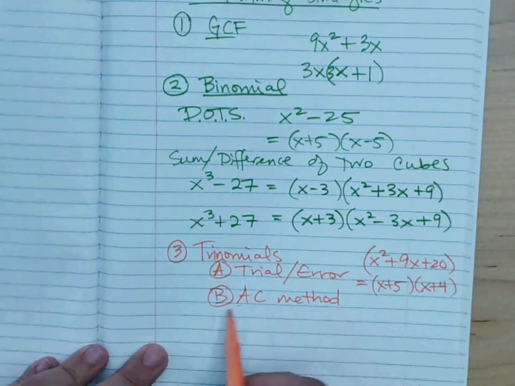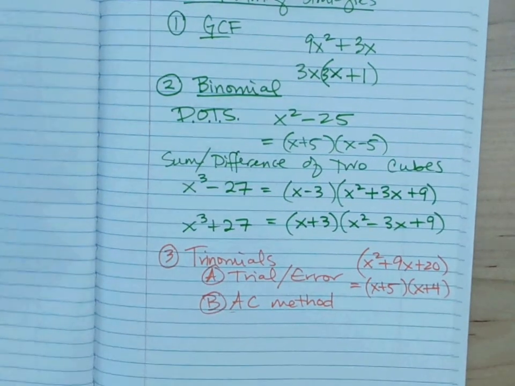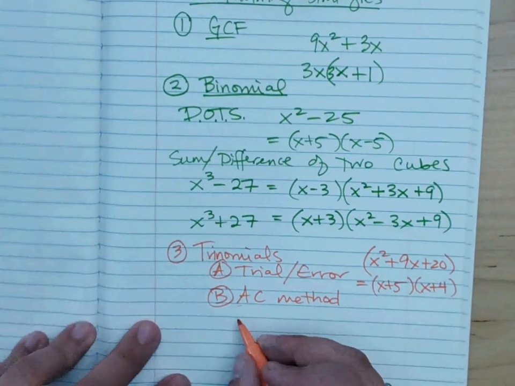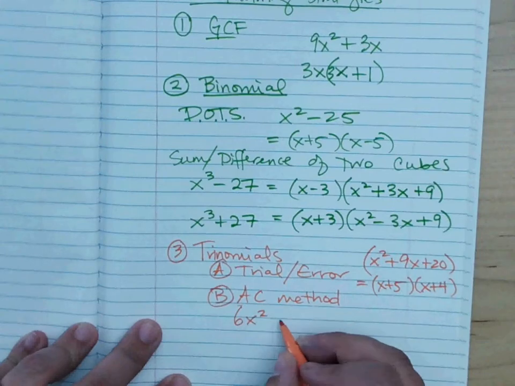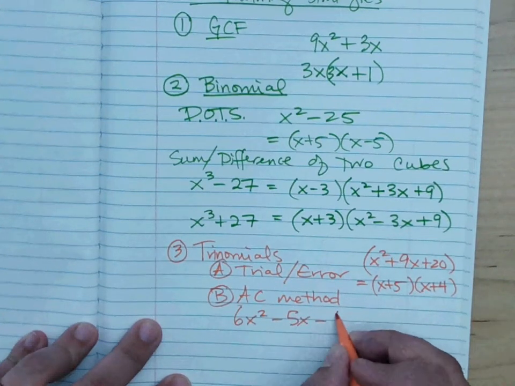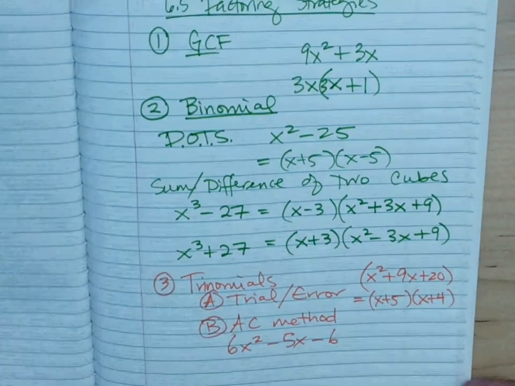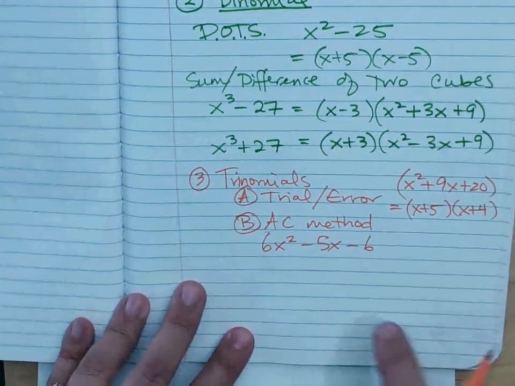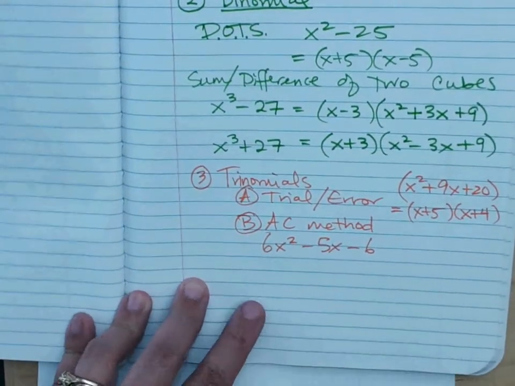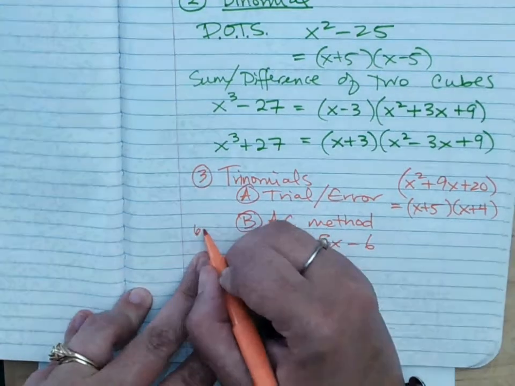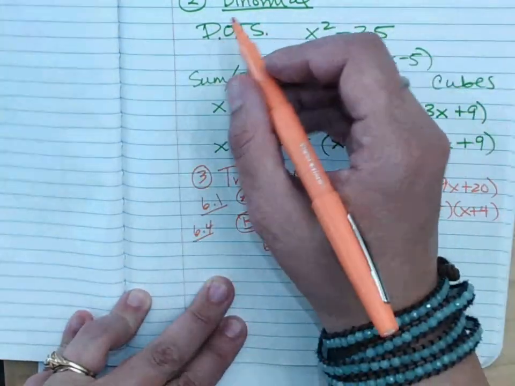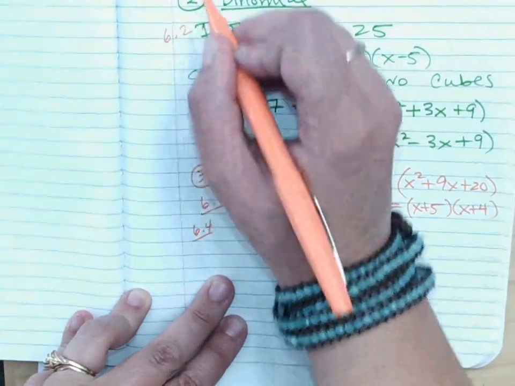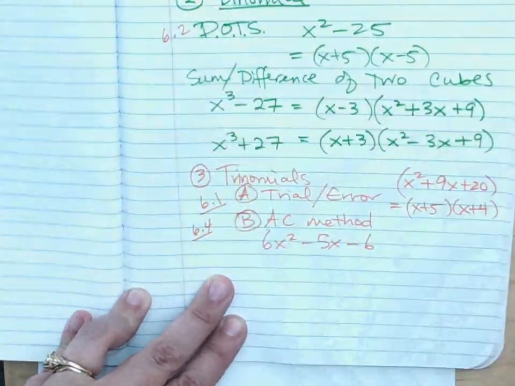The AC method we use for problems where we had a leading coefficient that was not 1. So for example, 6x squared minus 5x minus 6. Let's just recap the AC method. This was actually the very first problem that we learned in 6.4. So this was 6.4, this was 6.1, these were 6.2, and GCF was 6.1.